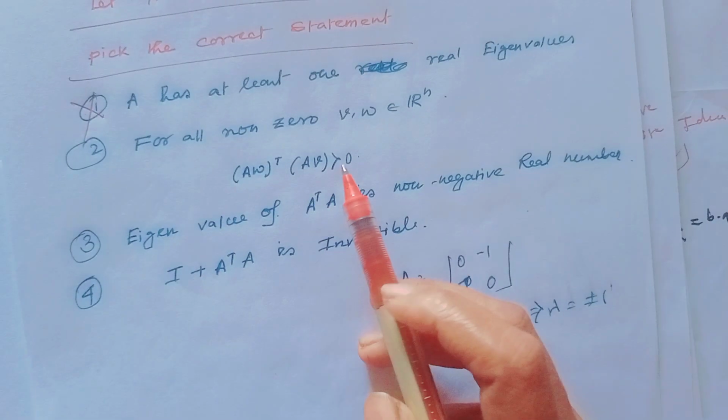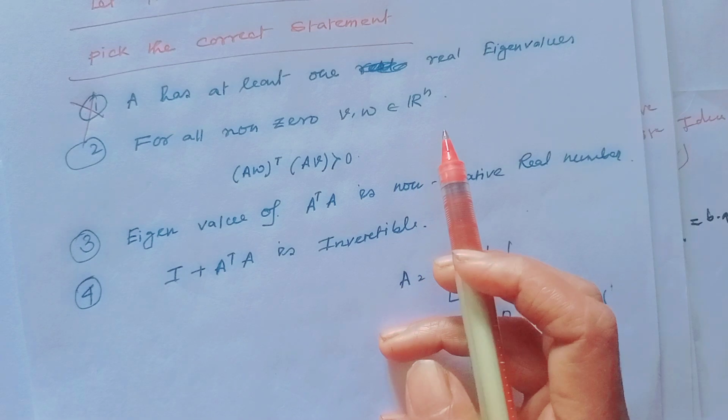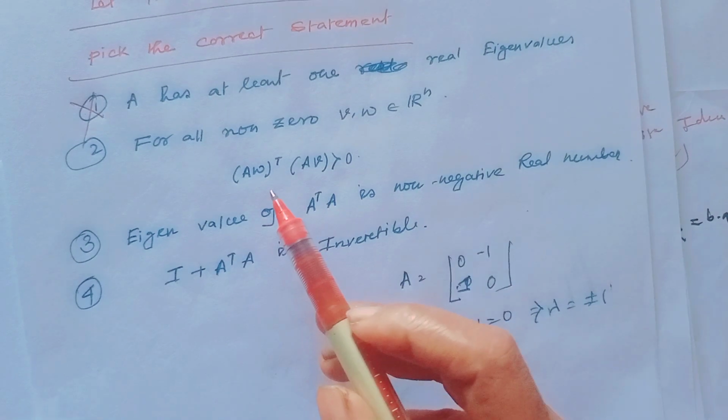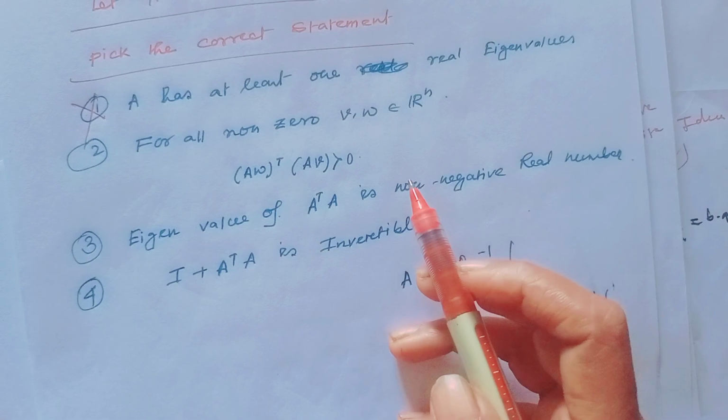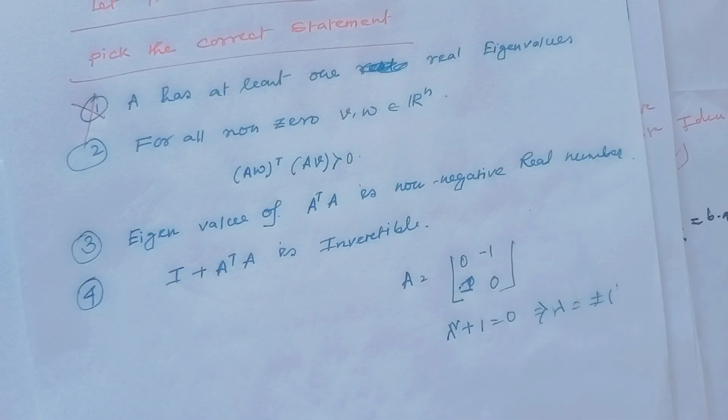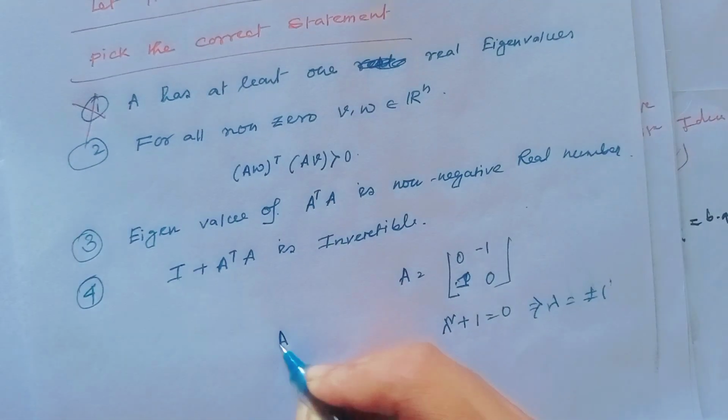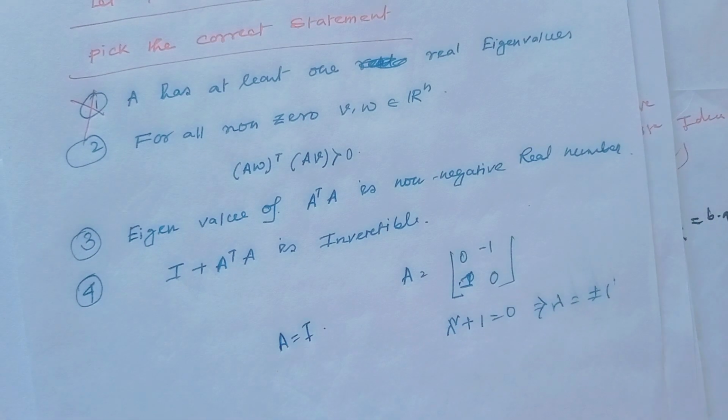Option 2, for all non-zero vectors V, W belonging to Rn, (AW) transpose AV is greater than 0. Is it a true option? Consider A equal to the identity matrix.